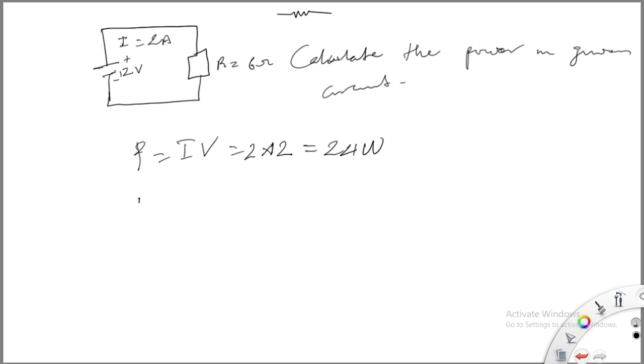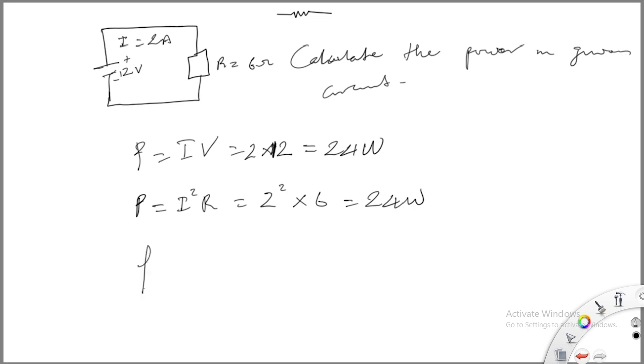Similarly, since you're given your resistance value, you can now say P is equal to I squared R, which is 2 amperes squared times 6, which is equal to 24 watts. So similarly, the answers are giving us the same thing.